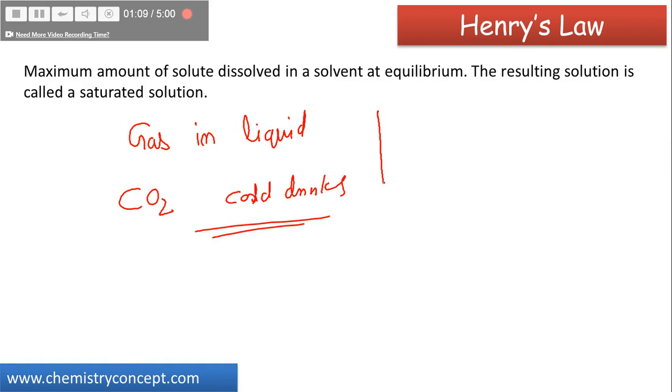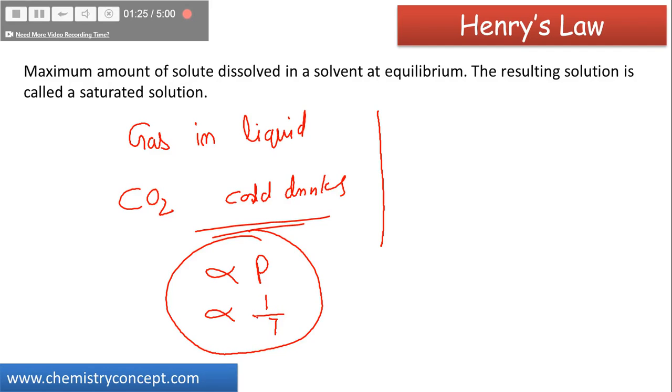First of all, the solubility of a gas in liquid is directly proportional to pressure. Greater the pressure, more would be the solubility, and it is inversely proportional to temperature, and that is the reason why the cold drink bottles are packed under high pressure and low temperature.